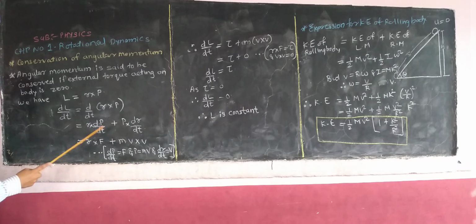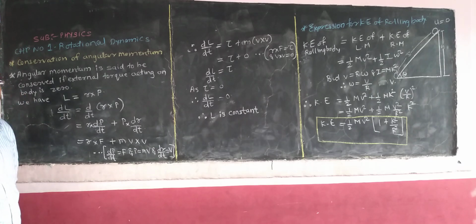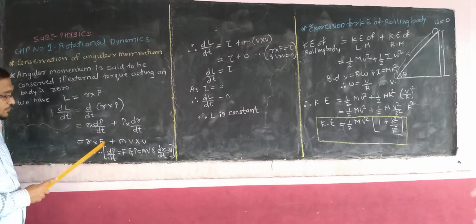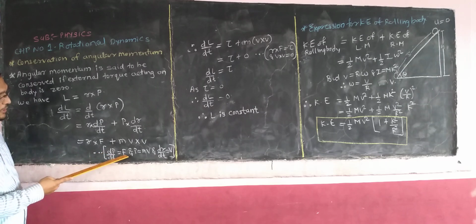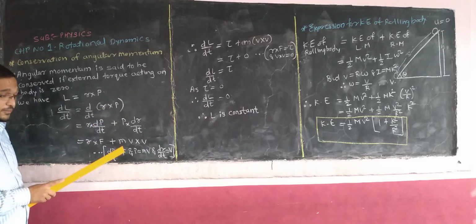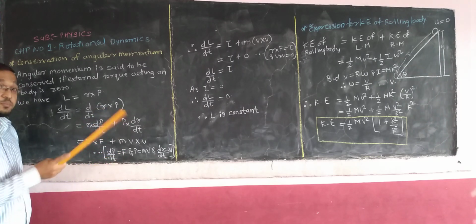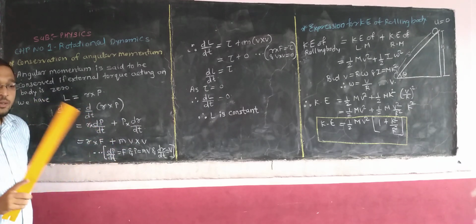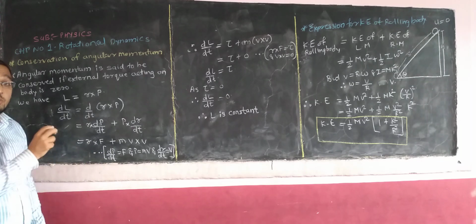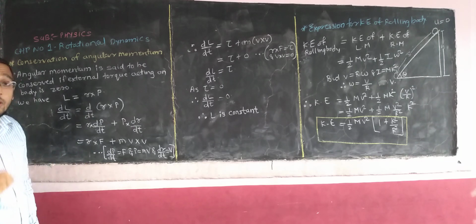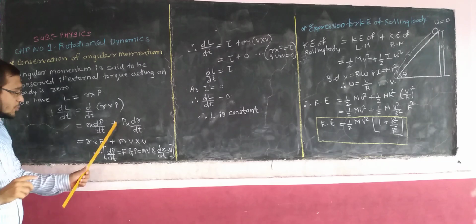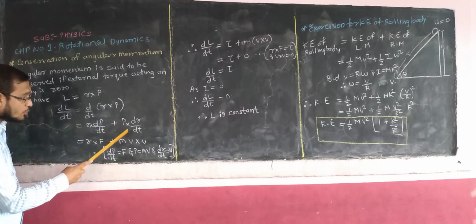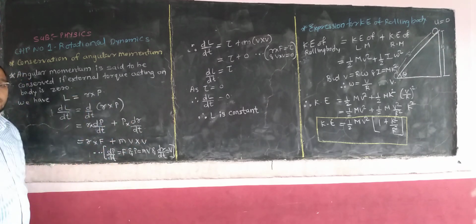Now, when we differentiate linear momentum with respect to time, we get force. So I have written here dp by dt is F. In the previous lecture we discussed that linear momentum is the product of mass into velocity, so p is equal to mv.